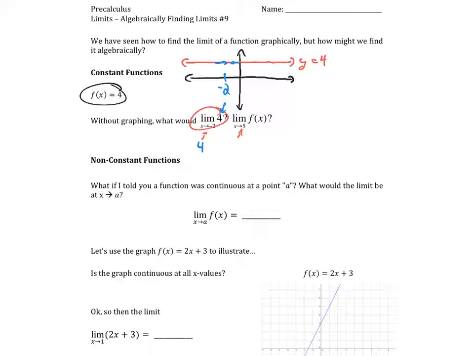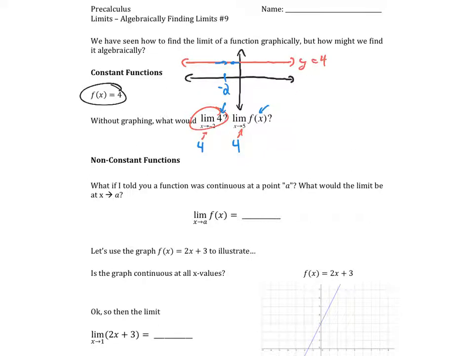You could also see it expressed this way. If I tell you the function is f of x equals 4, and I say, what is the limit as x approaches 5 of f of x? It's of the function 4, so that would also be 4. So for a constant function, the limit is always just the number, always the function.